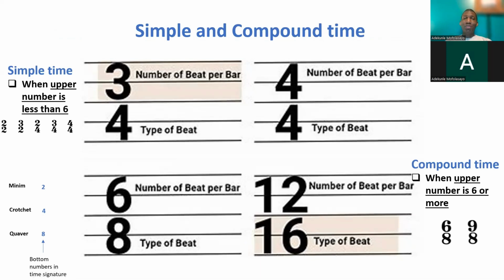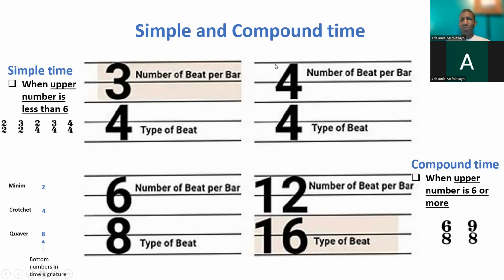Now we have something that we call simple and compound time. When the top number is below 6, we call it simple time. When the top number is 6 and above, we call it compound time. So the one up here is simple time because this top number is below 6.